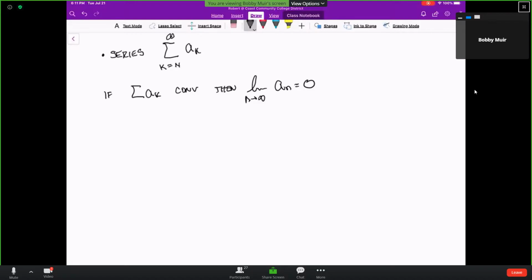So we then started looking at some specific results and stuff like that. And then yesterday we came across this idea of an integral test.